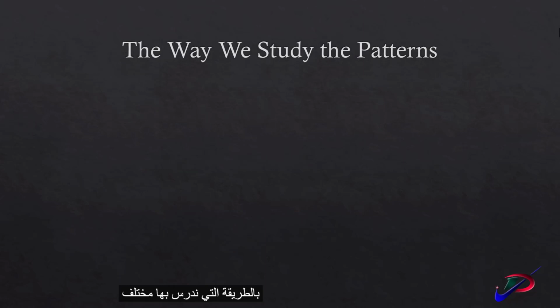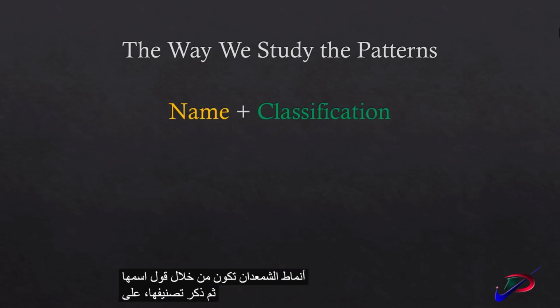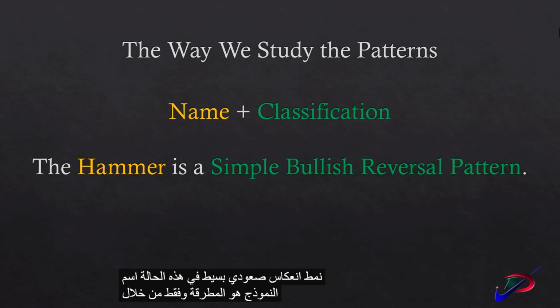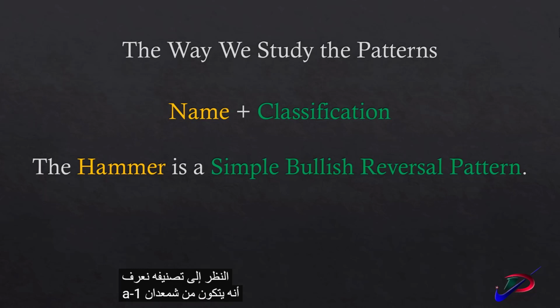The way we study various candlestick patterns is by saying their name and then saying their classification. For example, the hammer is a simple bullish reversal pattern. In this case, the name of the pattern is hammer, and just by looking at its classification, we know that it is composed by one candlestick only, and it indicates that price will go up immediately after the pattern appears.